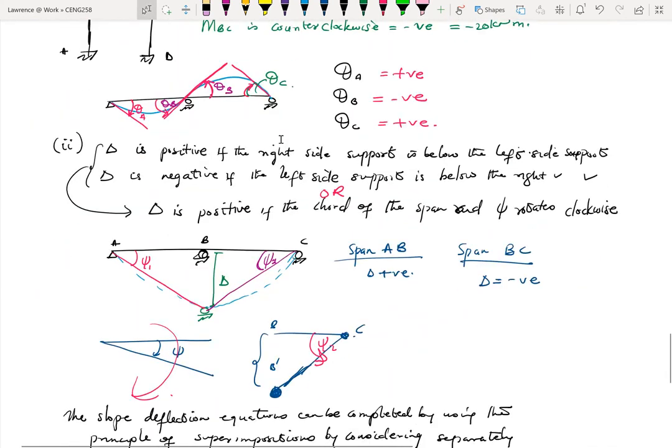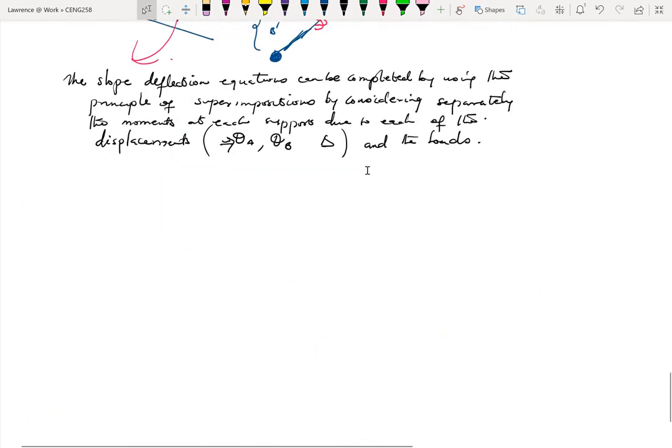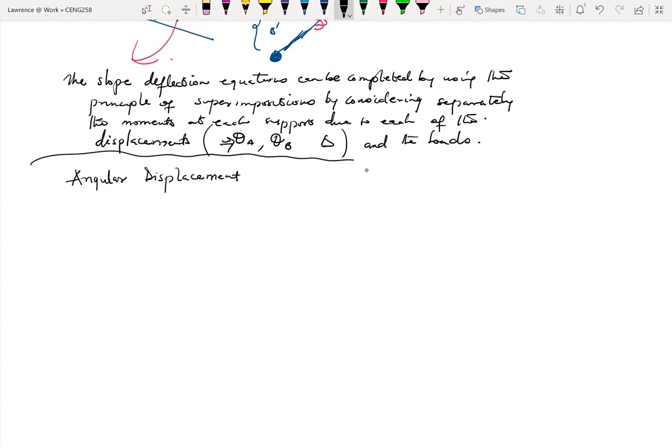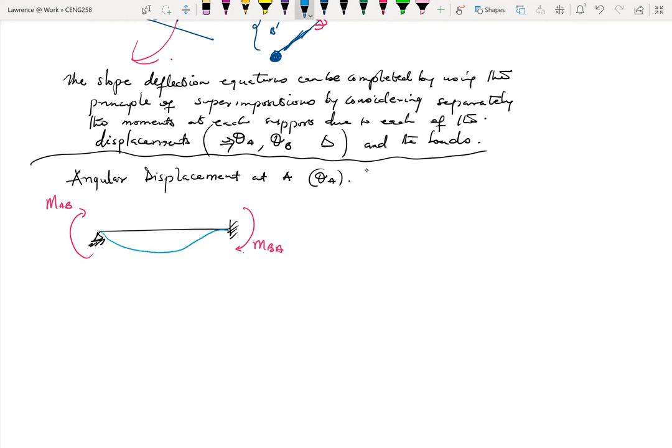So let's look at formulating equations for only theta A. All right, so now let's look at the angular displacement at A. So in that case, we're looking at theta A. For us to have a case whereby we can only have theta A in our structure, it means that if I have a beam looking like this, okay, and I apply moments at these ends, let me call these ones MAB and then MBA, then my beam would experience this type of bending.